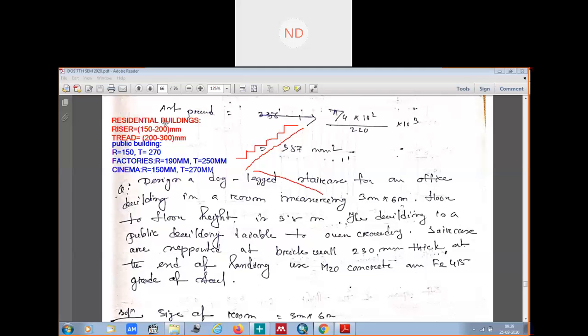So these are general things: 150 to 200 is your riser whenever you are designing, and tread 200 to 300. For public buildings you can take it to be this much.